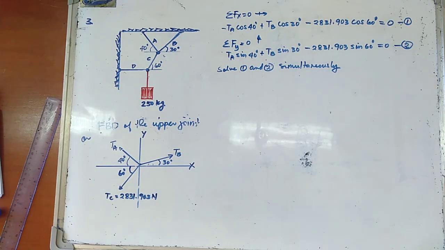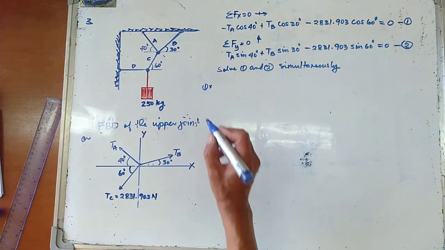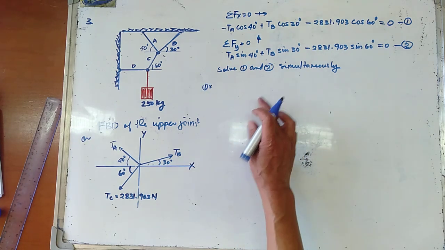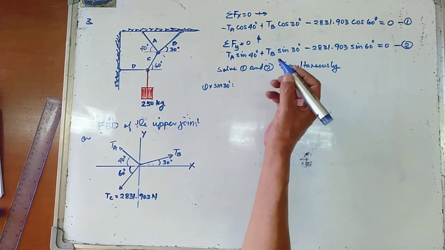Solving equation 1 and equation 2 simultaneously, let us try to eliminate TB. For equation 1, let us multiply by sine of 30 degrees.